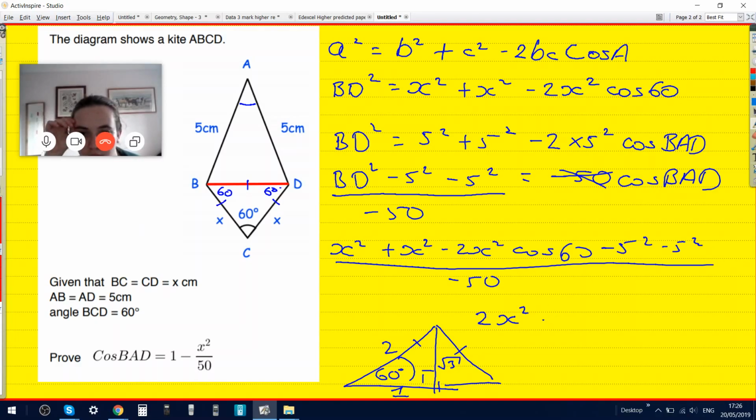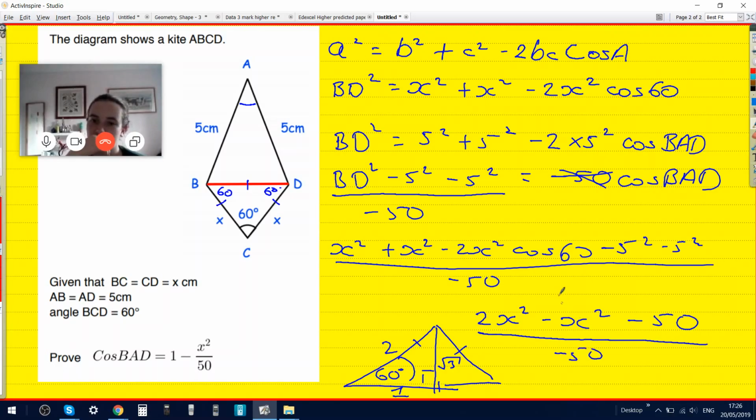Minus 1. So that's minus 1x squared. And that's minus 50. Simplify again. X squared over 1.